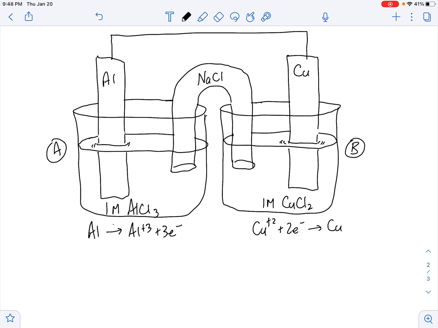And if I wanted to make those a balanced overall equation, which you might be asked, of course, I would balance it, and this would end up being 2, 2, that becomes 6 electrons. This will be 3, 6, and 3.